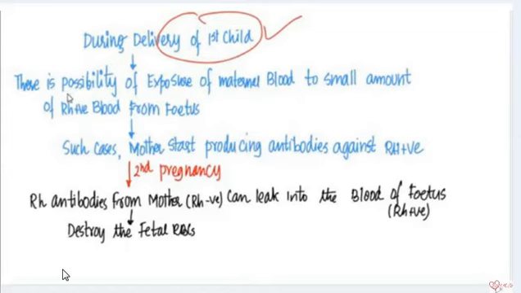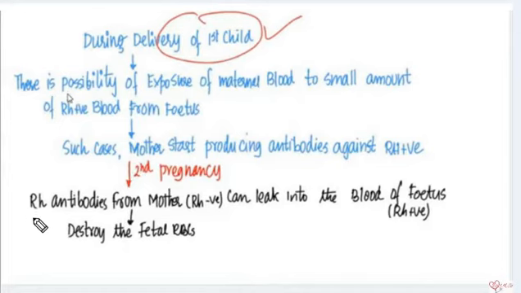Since in the first pregnancy there was some maternal blood exposure to a small amount of Rh positive blood of the fetus, the mother's blood started producing antibody against it. So in the second pregnancy, Rh antibodies from the Rh negative mother can leak into the blood of the fetus, that is into Rh positive blood, due to which they destroy the fetal RBCs.